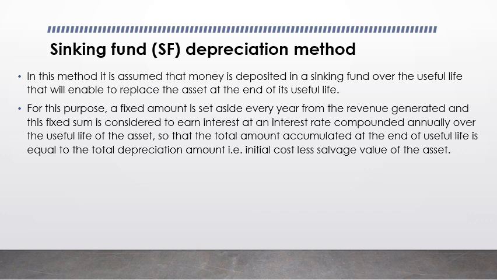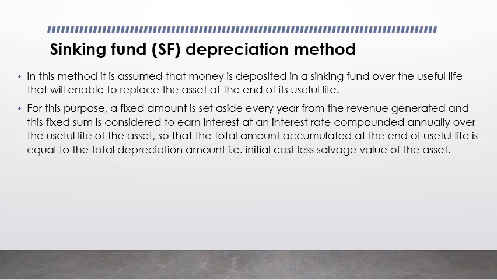The asset lost its value by some amount, and at the same time I also lost the interest that I could have gained over that particular asset. That is why in this method an interest rate is charged on the depreciation fund.